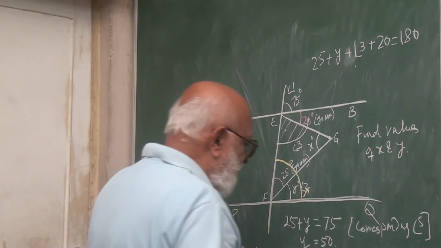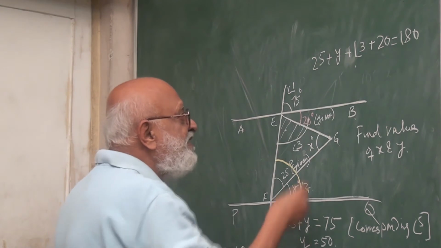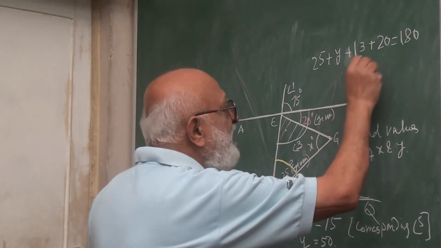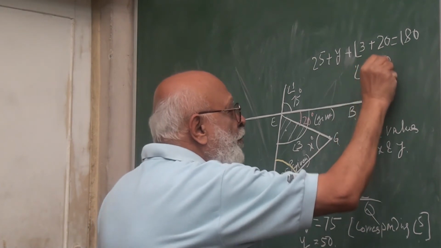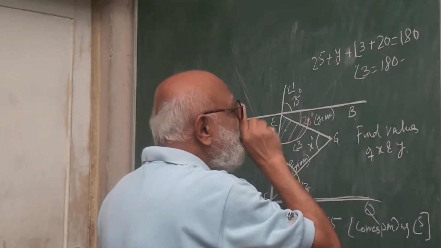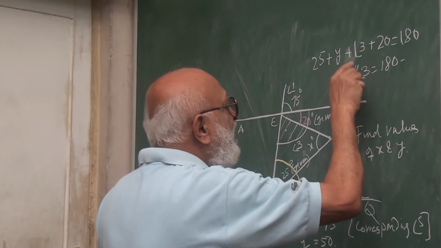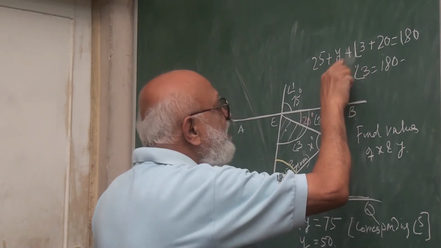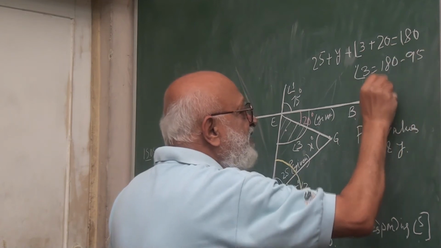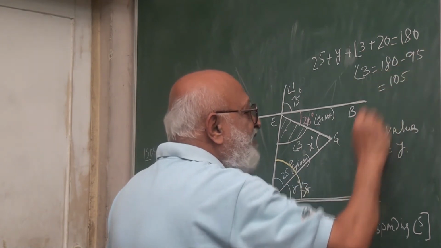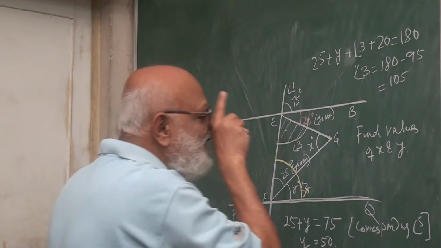What is the value of y? 50. So 75 plus 20 is 95. So angle 3 is equal to 180 minus 95. Is it 105?